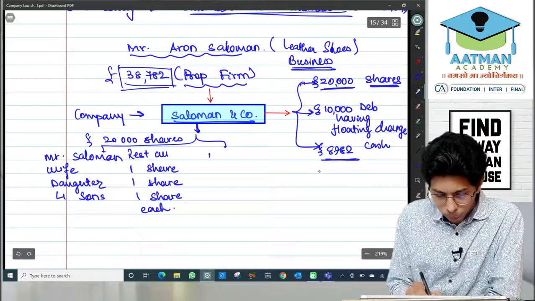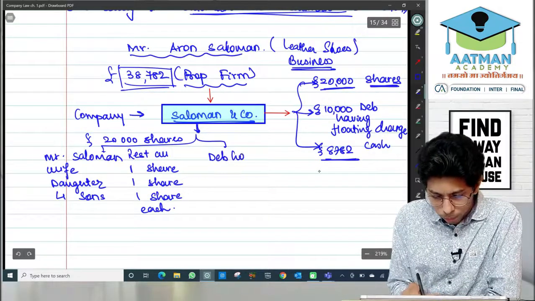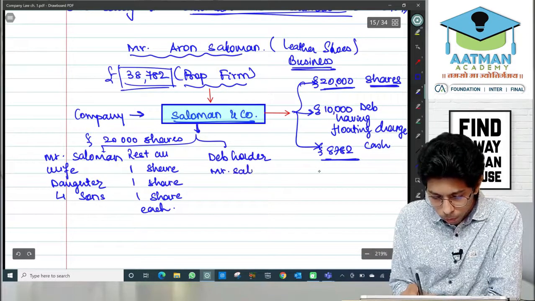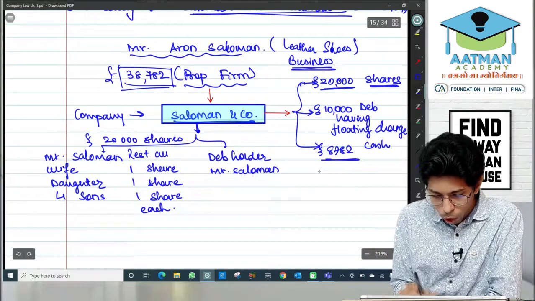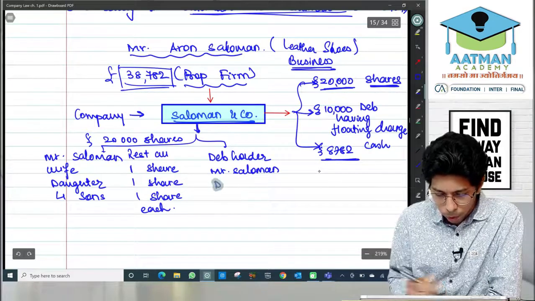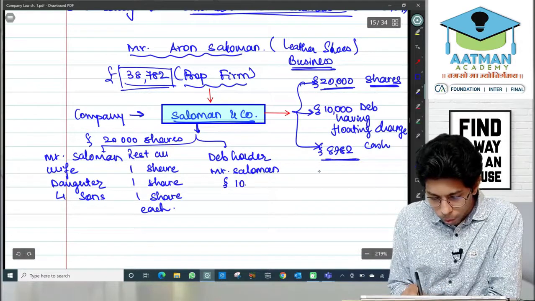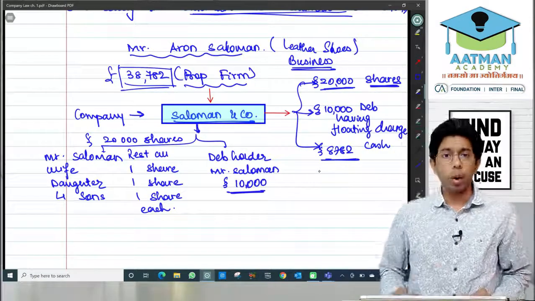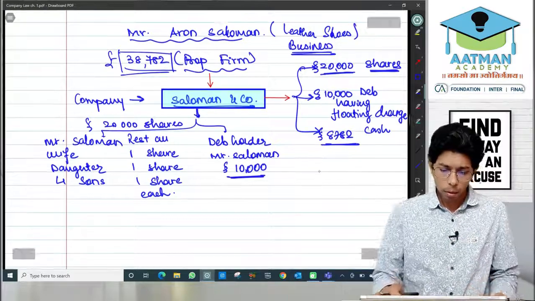Debenture. Who is the debenture holder? Here also it is Mr. Saloman, for pound 10,000, and the rest was paid in cash. Now what happened?